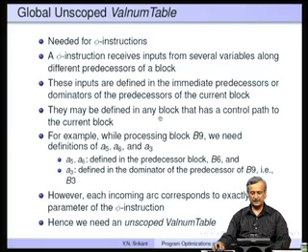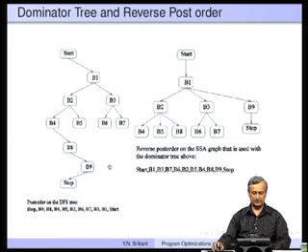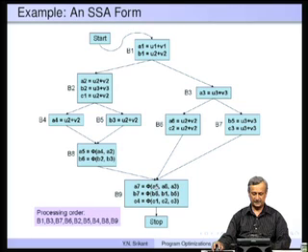They may be defined in general in any block that has a control path to the current block, subject to the dominance property of course. So, for example, while processing block B9, we need A5, A6 and A3. So, let us look at that A5, A6 and A3. I already showed that A5 comes from here, A6 also comes from here, but A3 comes from this point, okay.